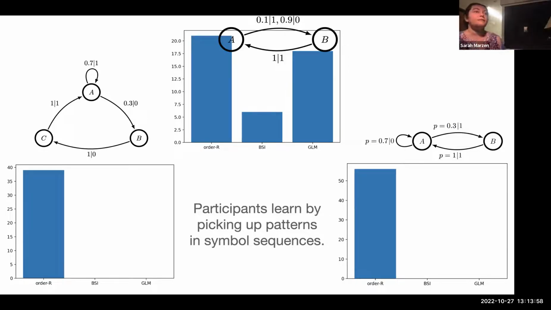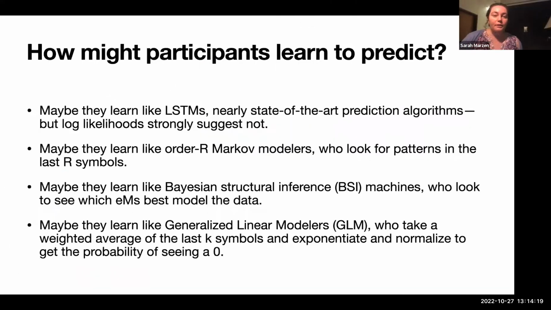Yes. Sorry, what is the y-axis? Is it percentage split or is it the actual log likelihood? This is the number of participants in that experiment that had that strategy. So for example, in this experiment, there were 37, 38 participants, and all of them were order R Markov modelers. And how do you conclude that they had that strategy? Yeah, I'll go back. So we calculated the log likelihoods based on the data, which is what we showed them, and what they guessed.